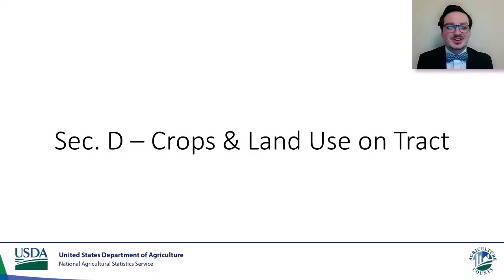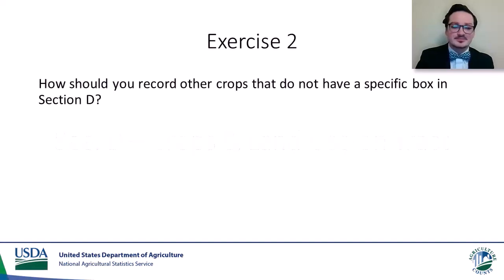All right, I'm back for another practice exercise, and this time we will cover Section D. Now let's take a look at exercise number 2. How should you record the other crops that do not have a specific box in Section D?